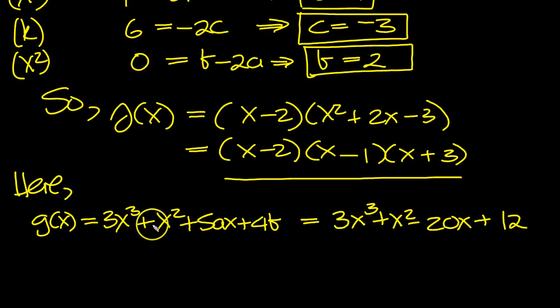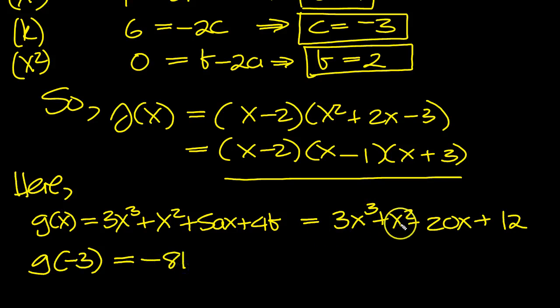Now let's put in a value. Let's try either 1 or 3 or minus 3. I'm tempted to try 1, it's probably not going to work because it's not big enough. So let's try minus 3. g of minus 3 is equal to minus 3 cubed is minus 27 times 3 is minus 81 plus 9, minus 3 squared.